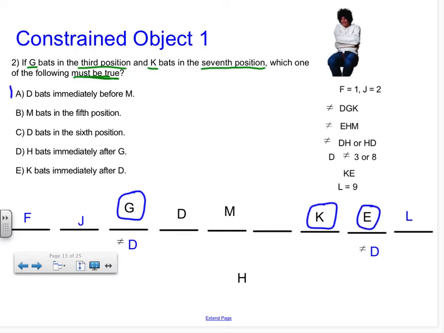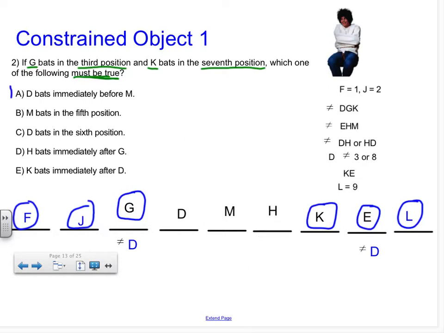It would have to be there. There's no other place for it because E has to come after K, and L is constrained here, as well as F and J. So really there are only three places that we have room to play with.